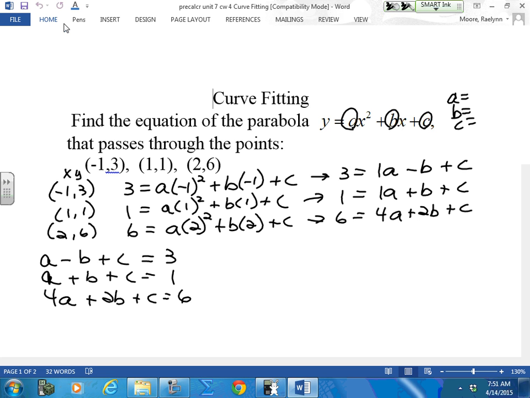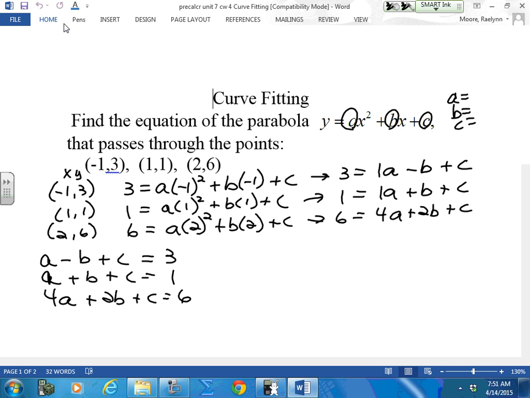And some of you took a really hard route. You eliminated from 2 of them, then you solved for one of those variables, and you went back into a third equation and substituted in all these things. It works, but it's really difficult to do that.